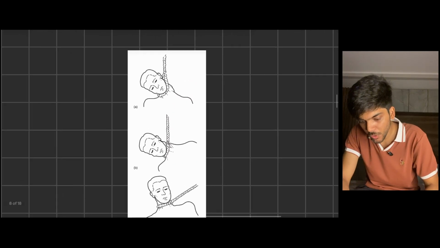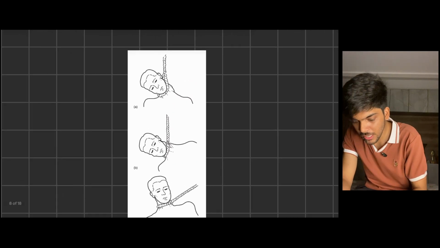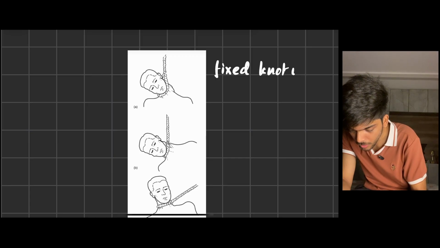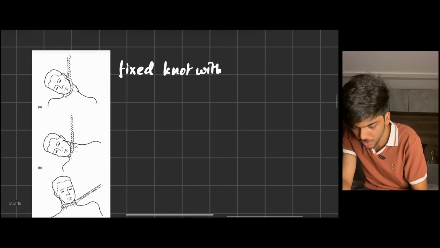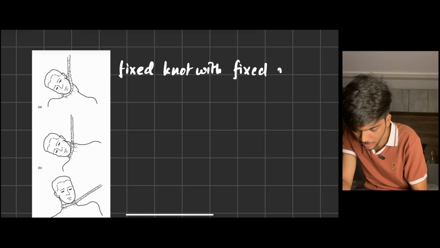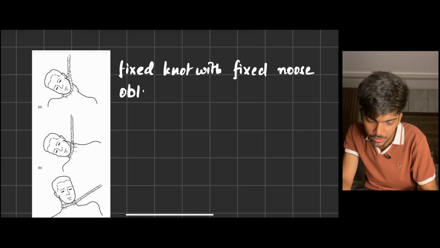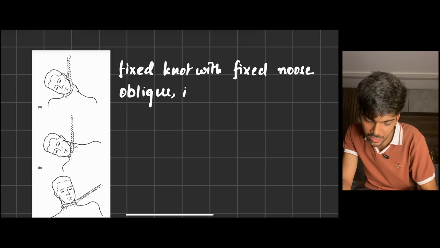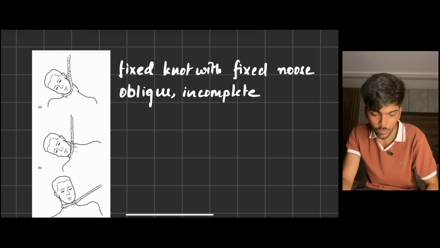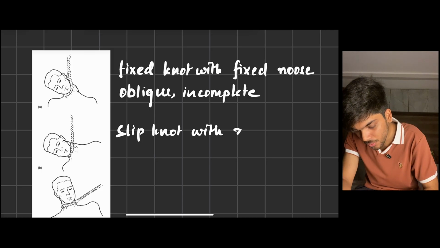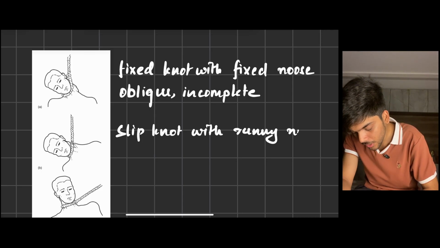See here, what is this? This is a fixed knot with a fixed noose. And what has it given us? It has given us an oblique, incomplete ligature mark. What is this? This is a slip knot with a running noose. What has it given us?